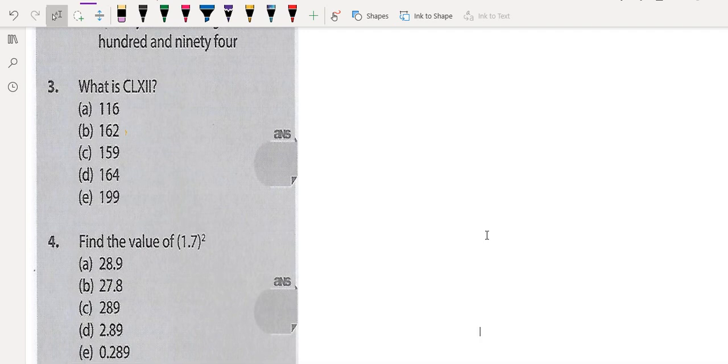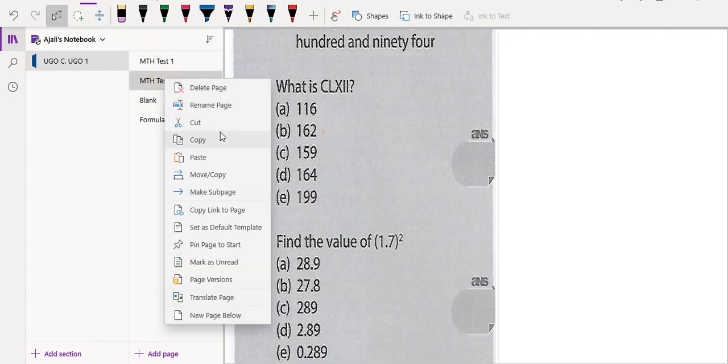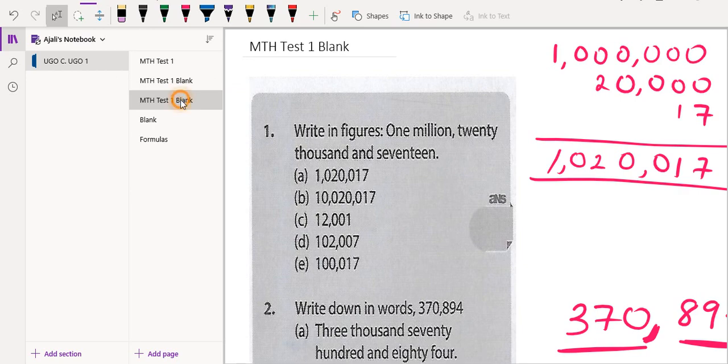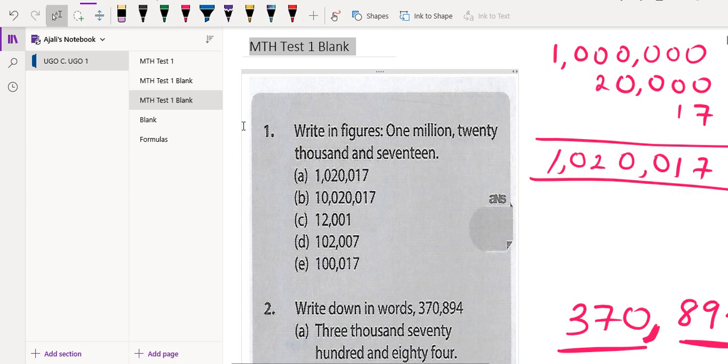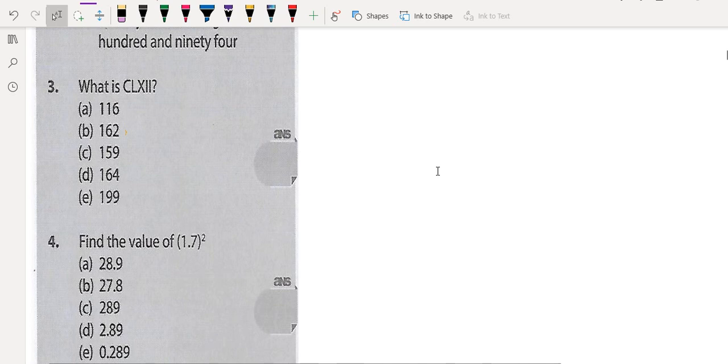Number 3. Okay, what's the answer? 162. So, C is what? 100.